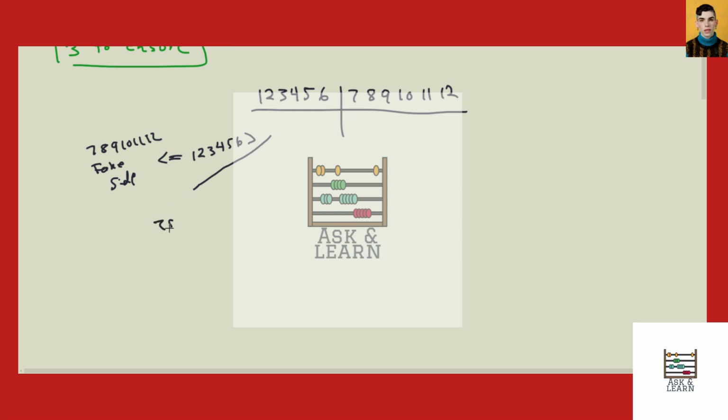We'll take 7, 8, 9, and then 10, 11, 12. And again, let's say the left side is going to be greater than the other. Then this implies that either 10, 11, or 12 is the fake.